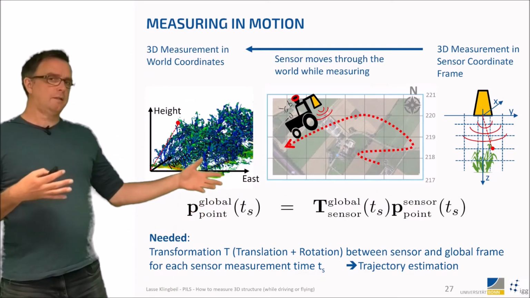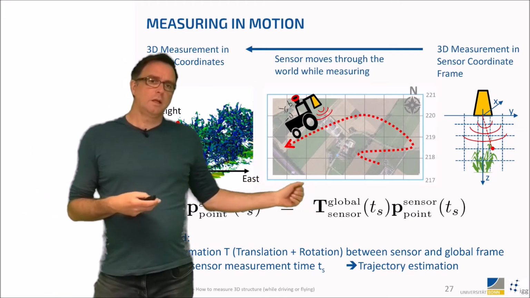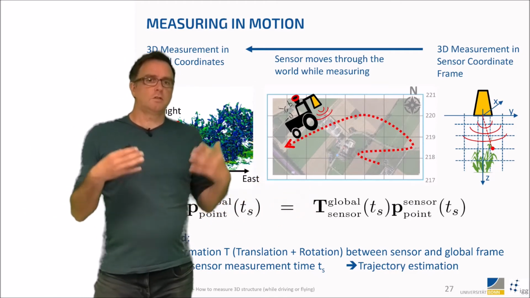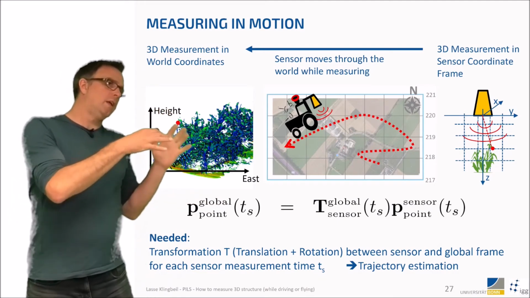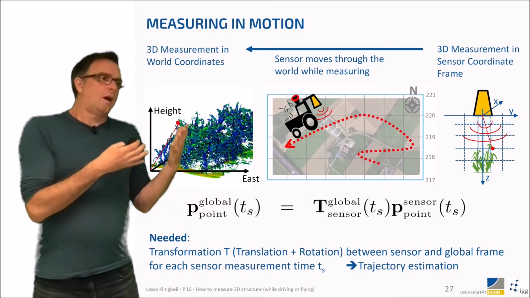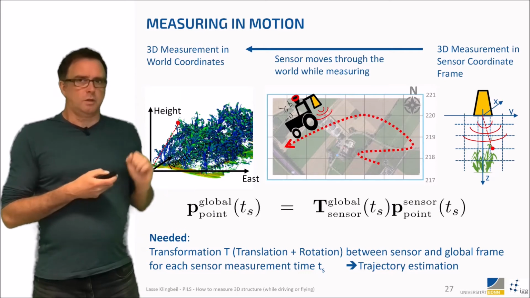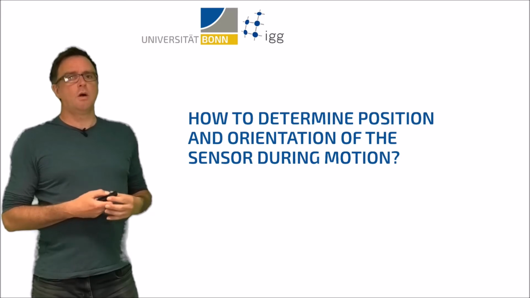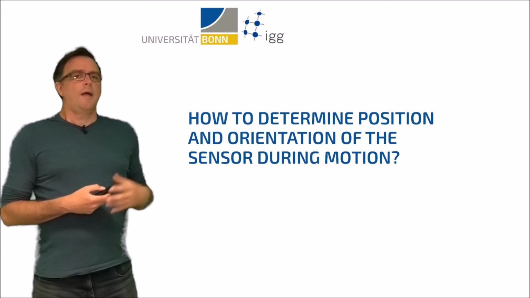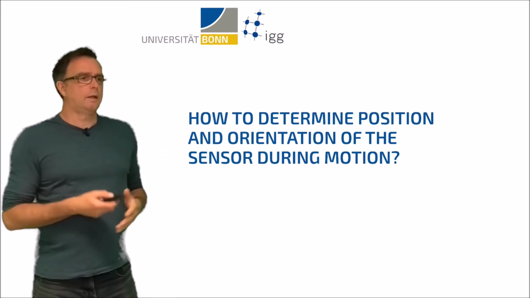And this estimation of this transformation is called trajectory estimation, because the trajectory consists of positions and rotations of our vehicle for every time that the sensor does a measurement. So how do we determine the position and rotation of the sensor during motion? This is what I'm going to quickly explain now.